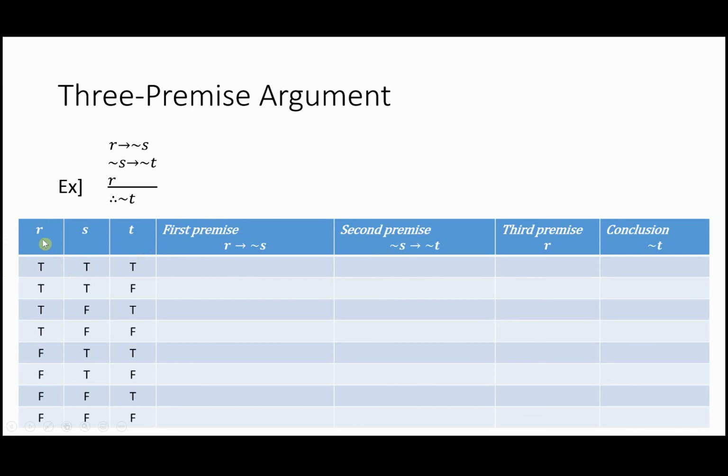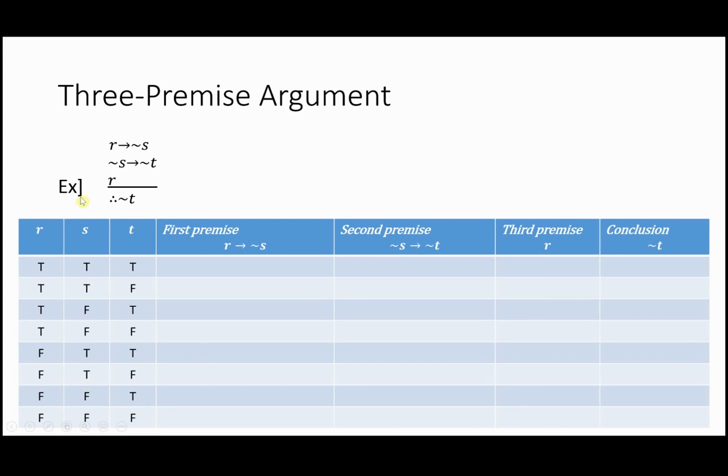Remember, whatever the first letter is, it's initialized all T's up top, F's down below, then TTFF, TTFF for the second letter, which in this case is S, and then lowercase t, not to be confused with uppercase T, which is value of true. That lowercase t has a TF, TF, TF, TF initialization.